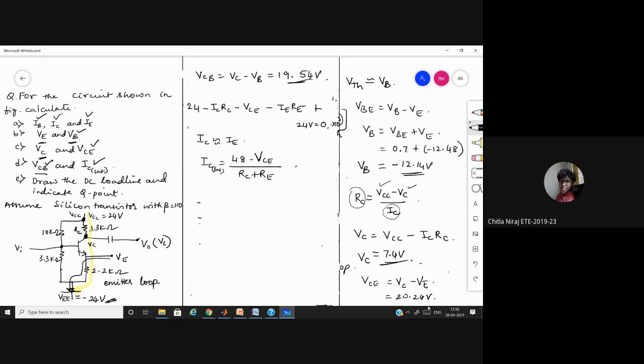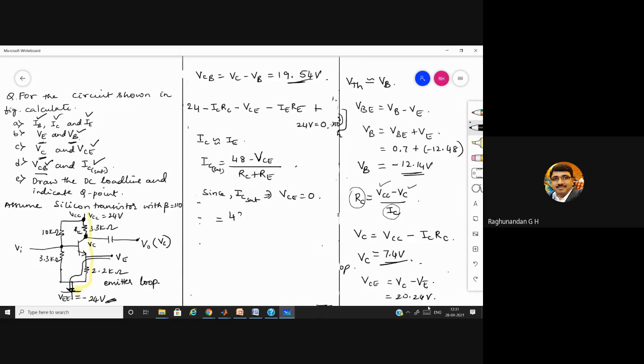Don't make this mistake of taking the VCE we already found, 20.24, and substituting that. Whenever IC saturation comes, automatically VCE should be 0.